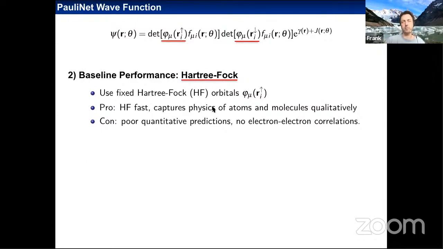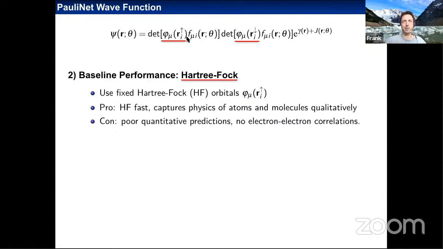What else do we do? So now we don't want to learn very basic physics from scratch. So what we do instead is we say the elements of our Slater matrix are actually composed of Hartree-Fock orbitals, or multi-reference Hartree-Fock if we use multiple determinants, multiplied by a function that we learn.